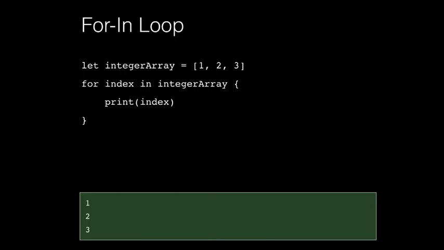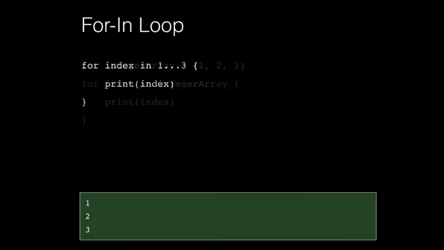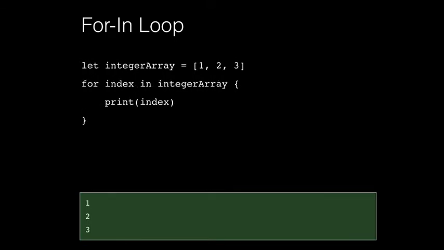So this is a for-in loop, and we have something very similar to this in C#. So this is just iterating through all the elements of an array and printing the integers that are in that array. So can you go back to that slide? The variable name is index. Are you getting the value?